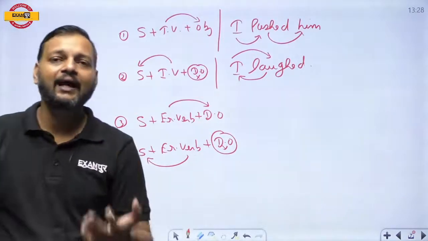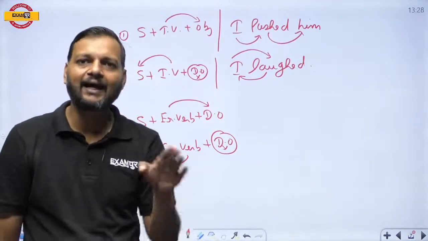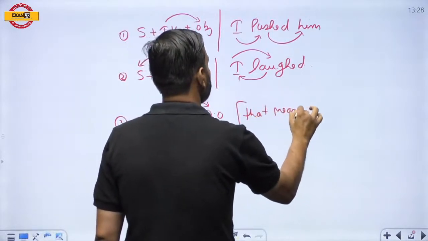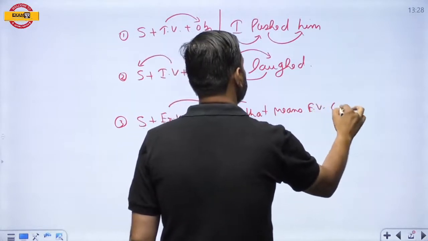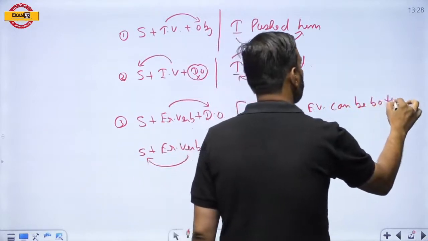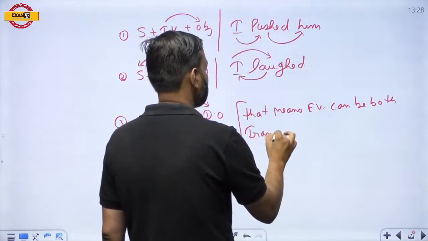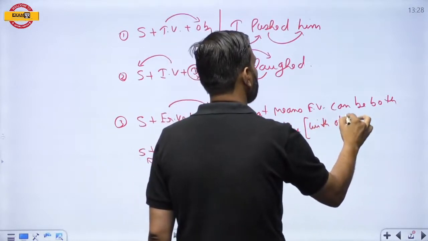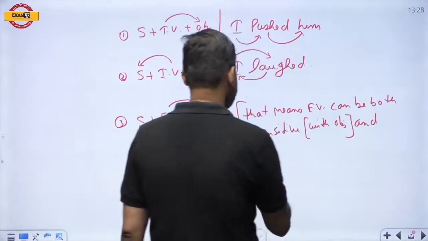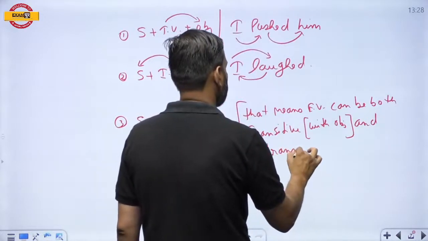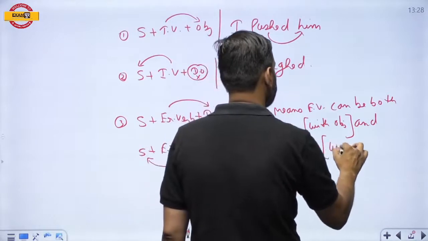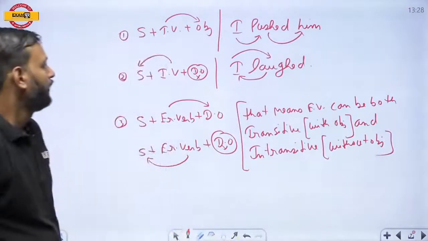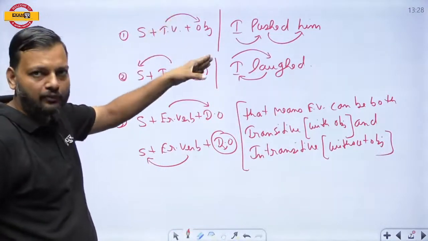That means an ergative verb can be both transitive, with an object, and intransitive, without an object.